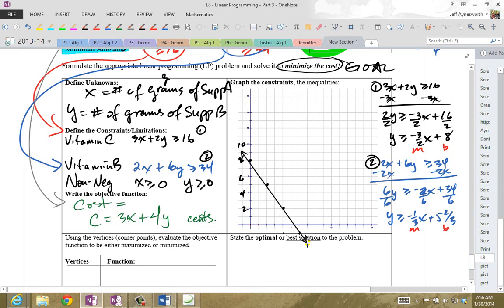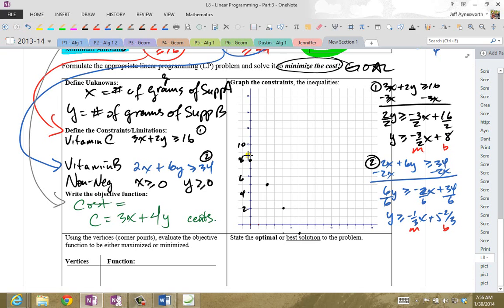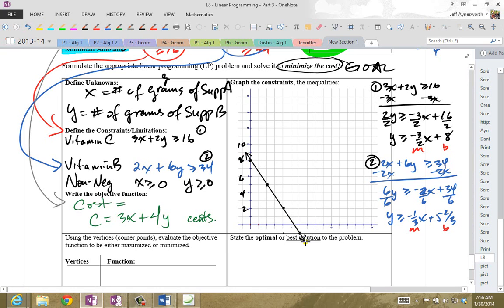You want to be really exact on this example. That's not exact enough, so let me do that again. That's good. Now this one's different. This one is greater than or equal to. So solid or dotted on the boundary line?